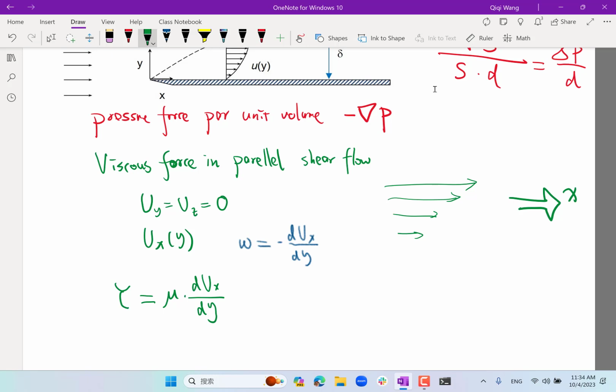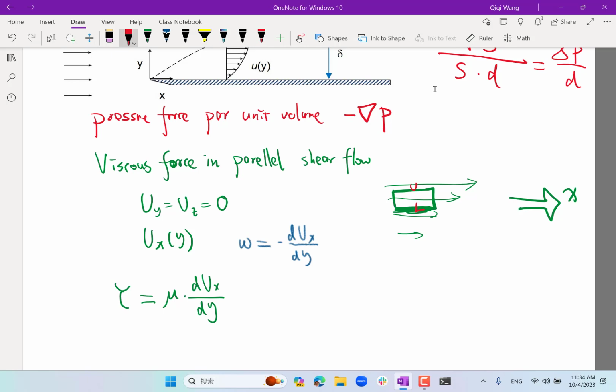So let's imagine I draw a rectangular control volume on a particular layer of fluid. To understand the viscous force, let's focus on two planes, the lower side and the upper side of this control volume. On the lower side, what is the viscous force acting on the control volume?